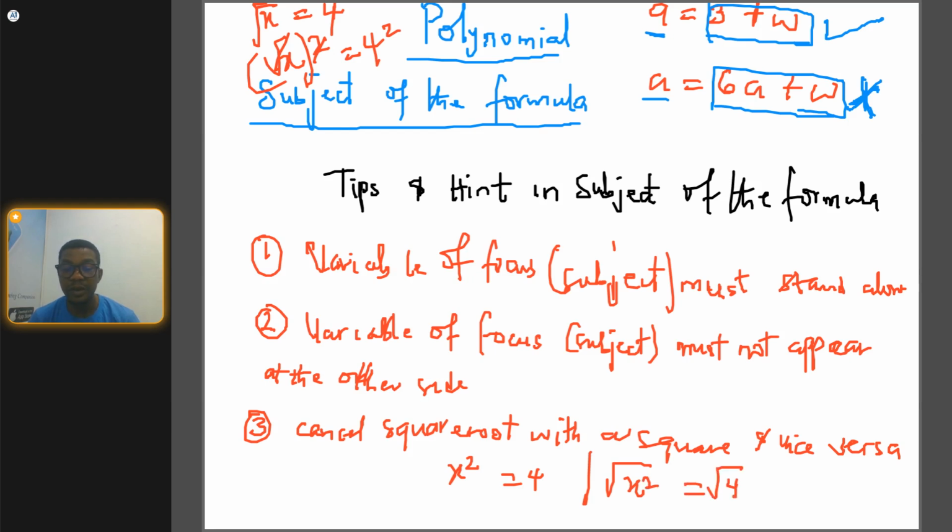So what you have done is to take the square root of both sides so that the square will cancel the square root, and you are left with x equals the square root of 4. Because what you want to get is not x squared, but ordinary x. That is why you need to take the square root of this expression. I believe that is clear to us.